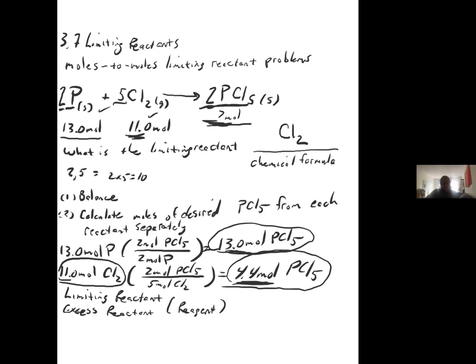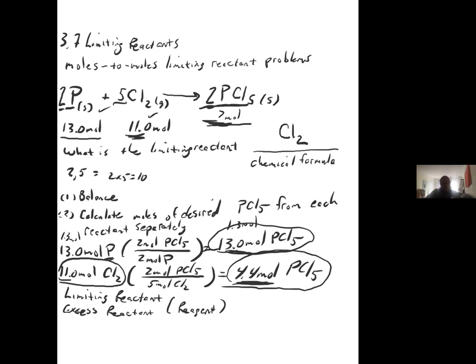So if this was 1.3, then that would give us 1.3 moles of PCl5. And now the phosphorus would be the limiting reactant. Okay, so again, the limiting reactant is the reactant that gives you the smaller number. It limits how much of the product you can get.